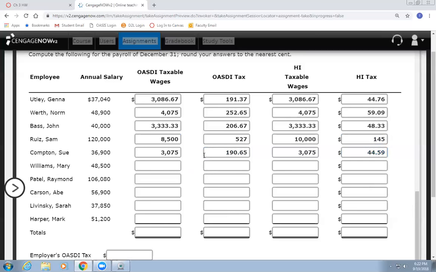Her Social Security tax is $190.65, and her high is $44.59. I'll just type the rest in here. If you can't see one, just holler at me and I'll read it out.